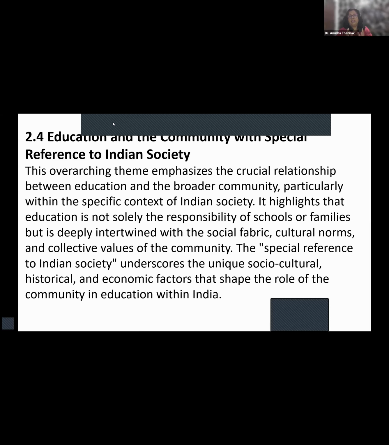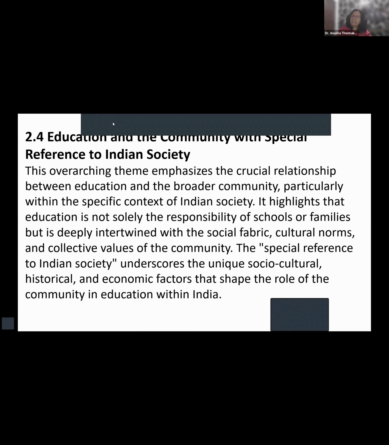So education and the community, they are having a very strong, very critical relationship, particularly within the specific context of Indian society. To talk about the relationship between education and community, we are using Indian society.